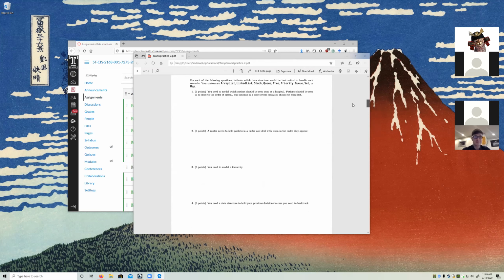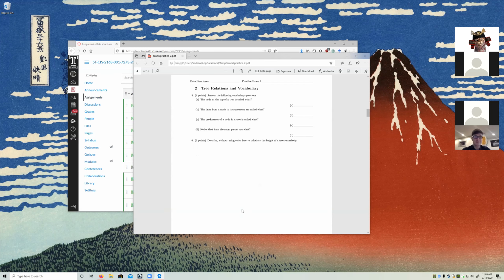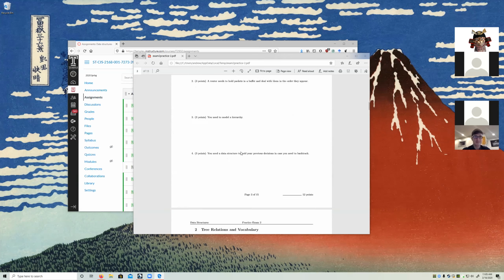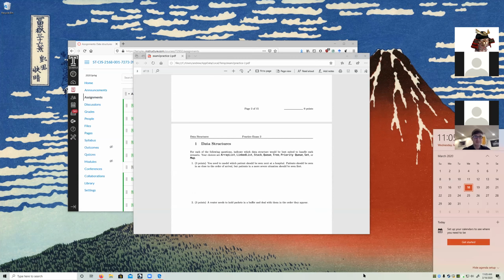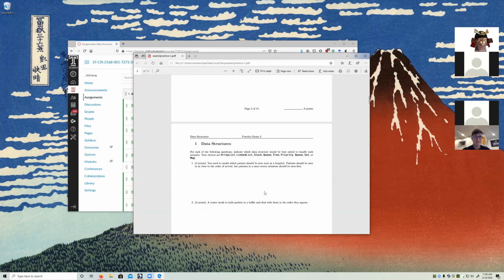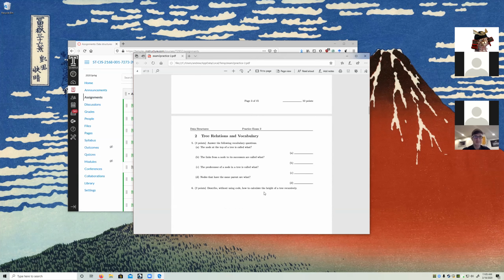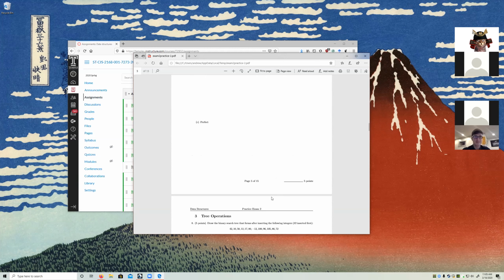The first page is like, please choose the data structure that's appropriate. Also note that this covers hash maps and hash sets. We haven't gone over those yet, but that's not because the exam's going to be next week. You're going to get the chance to go over them. The exam will probably be the first week of April, so about 2 weeks from now.